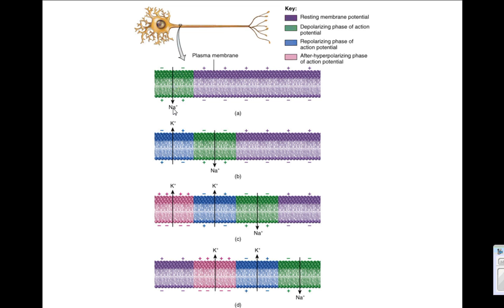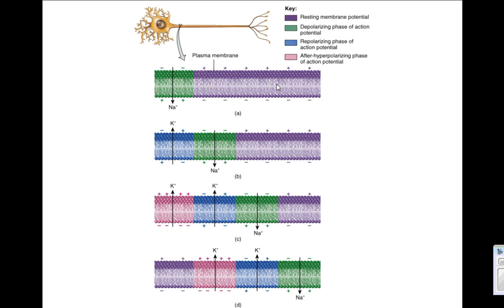Sodium is rushing in through the voltage-gated sodium channels. A little bit of that sodium will scoot over here, which means this segment will reach threshold, which then allows for sodium to rush in really quickly. And then some sodium will scoot over here, and that will depolarize it to threshold. And then an action potential occurs. And so on and so forth, all the way down.